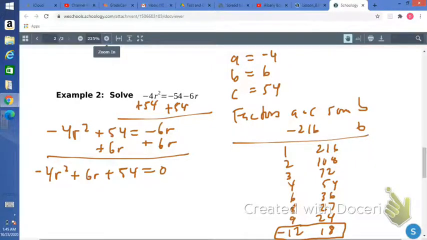Alright, so now what do you do with those? You take the negative 12 and you take the 18 and you write it over your a. So negative 4. Now, your a, if it's negative, you always put the negative in the denominator.